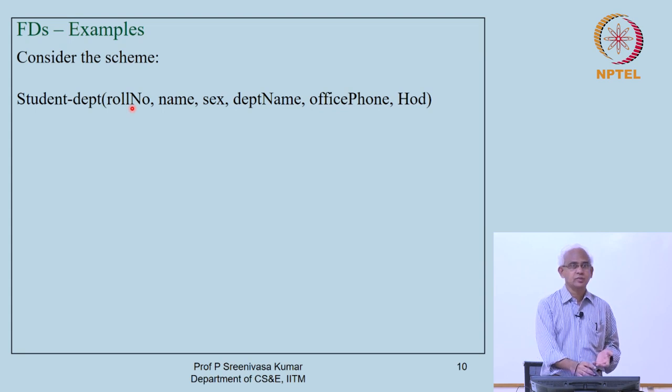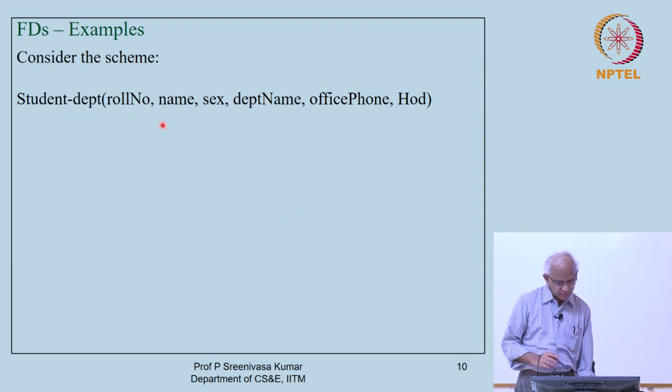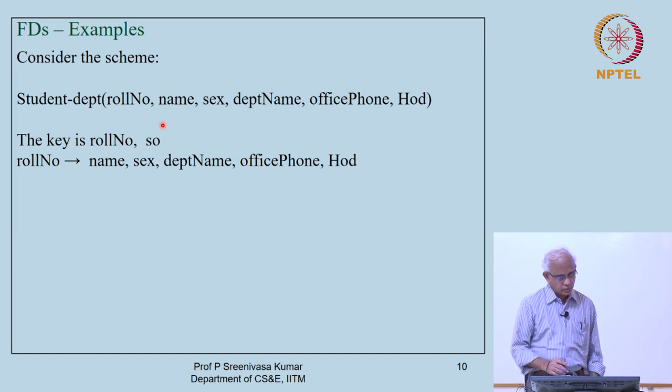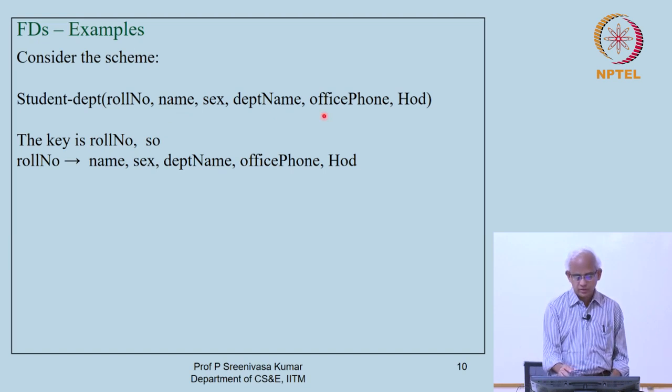Roll number continues to be the key for this, because given the roll number, we will be able to uniquely identify one row in this particular data set. There would not be two rows with the same roll number. It is a relation. So, roll number continues to be the key, and since roll number is a key, roll number determines all the other attributes.